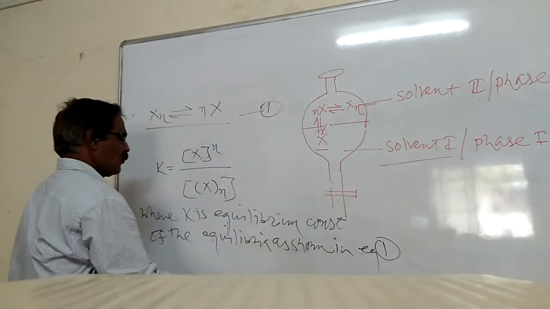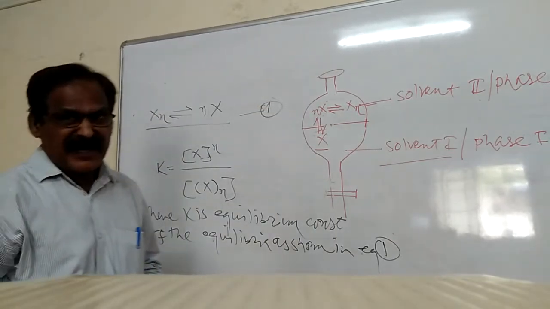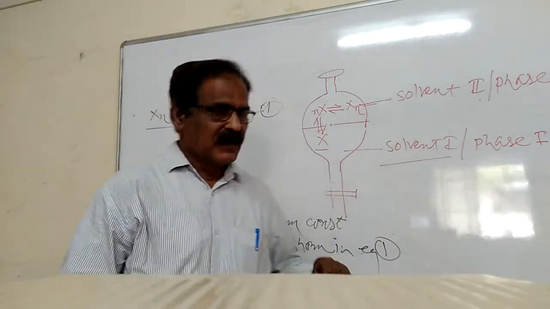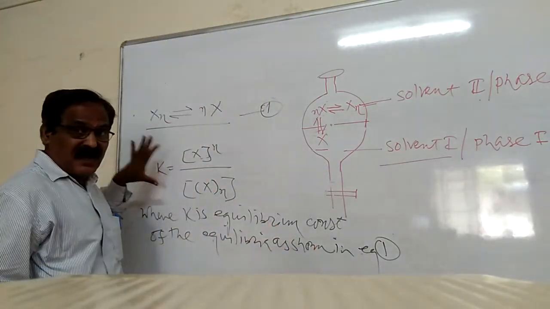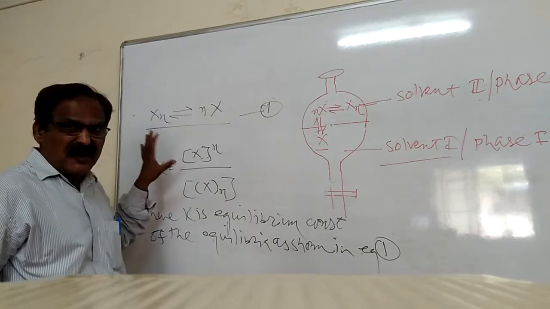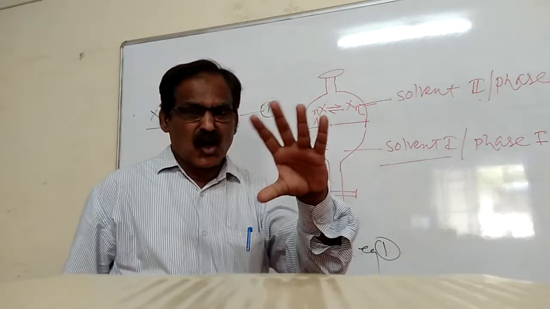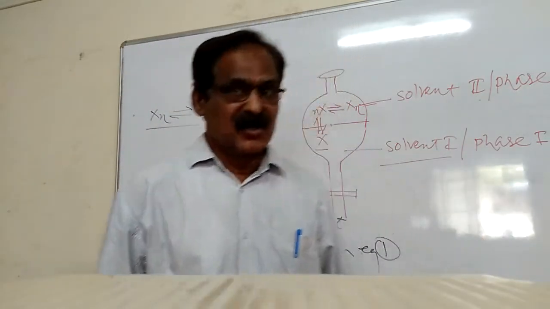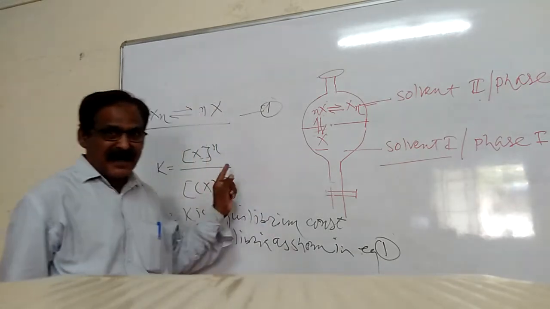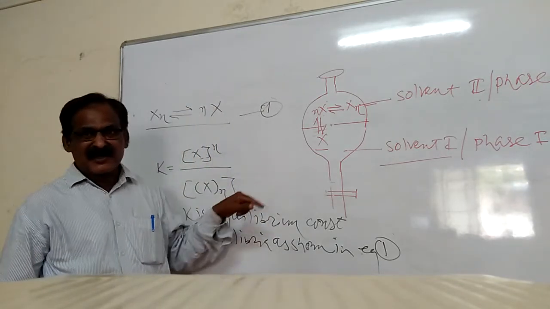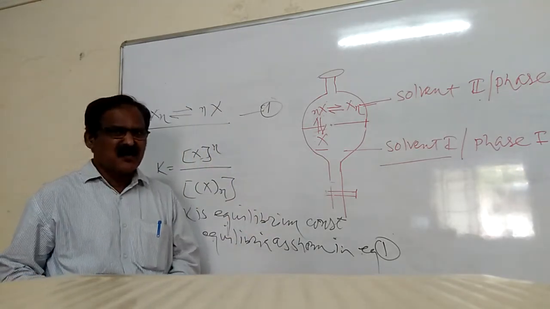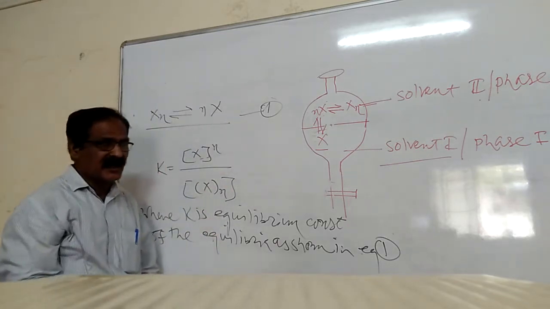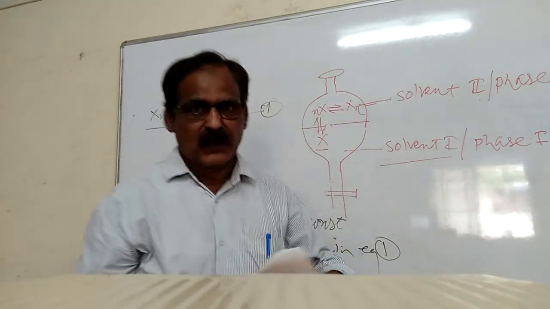This is equation number 2. It is very important to remember that here K does not represent the distribution constant or partition coefficient. Here K represents the equilibrium constant of this equilibrium existing in solvent 2.